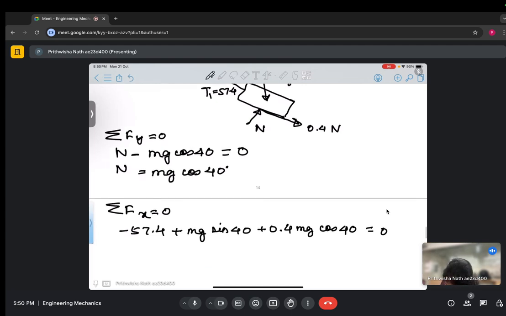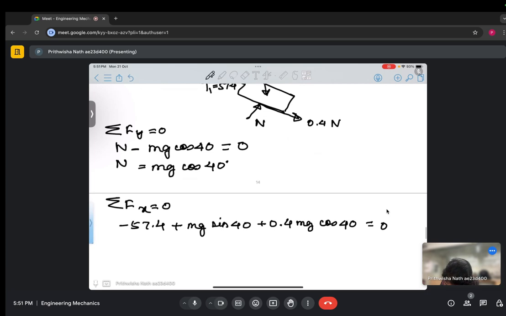Now from here I can find out mg. From here I can find out the mass.